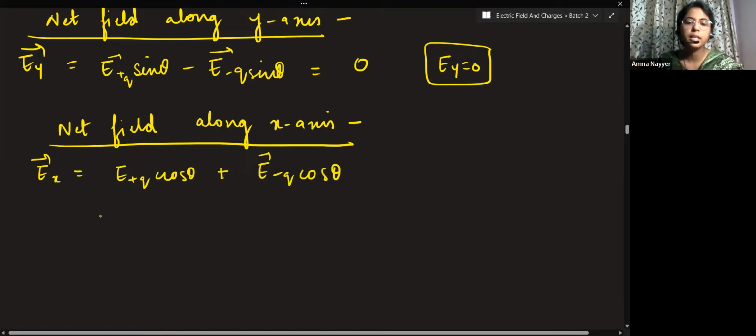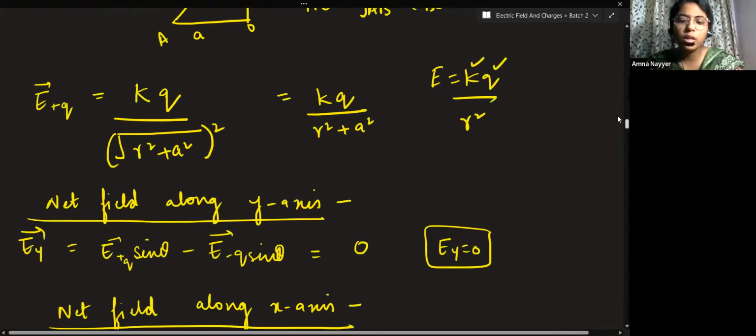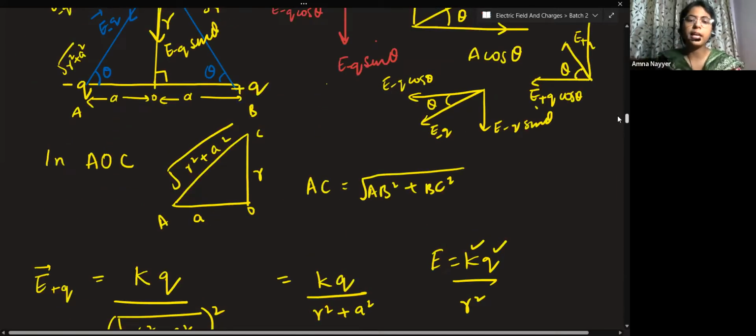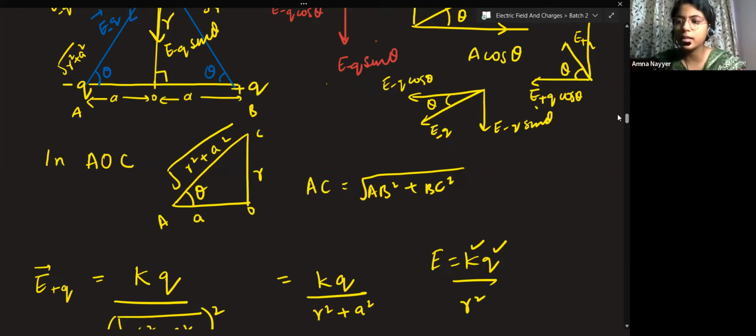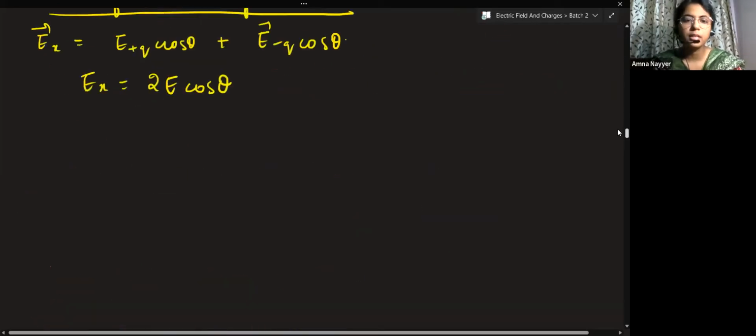So this simply becomes 2E cos theta. Now we have to substitute cos theta also. So let us look at this triangle again, AOC. This is theta. I'll draw the triangle once again. This was the triangle.